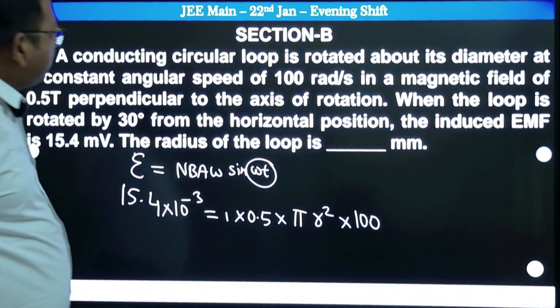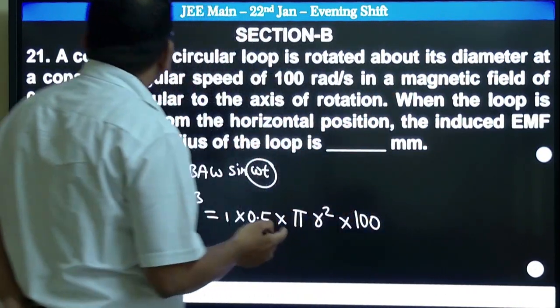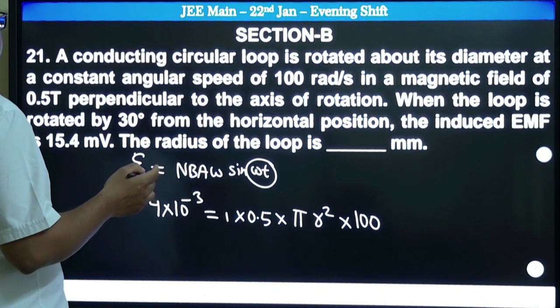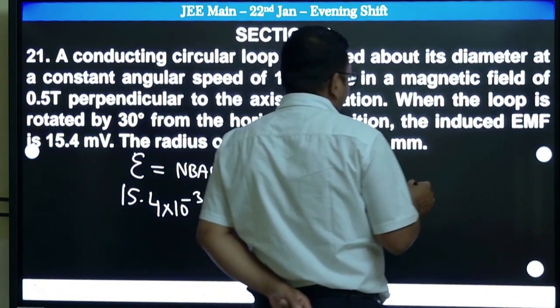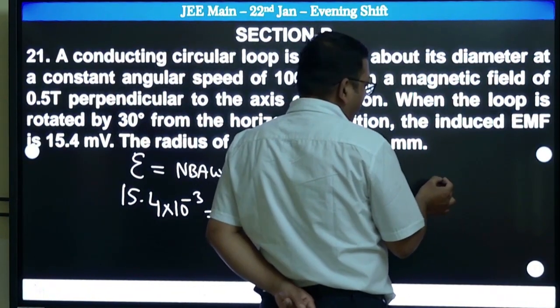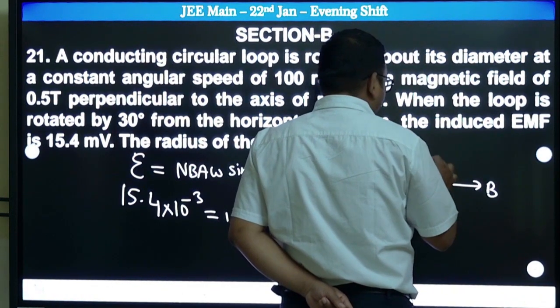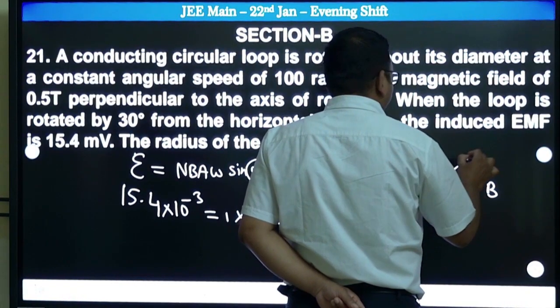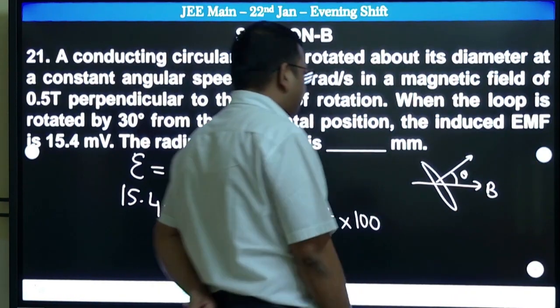What about sine theta? So here note that, how is the magnetic field? Which direction is it? Magnetic field is perpendicular to the axis of rotation. So axis of rotation, let us say like horizontal. So you can take magnetic field this way. So here the plane of the loop, and this is the normal vector. So this angle we are talking about, right?